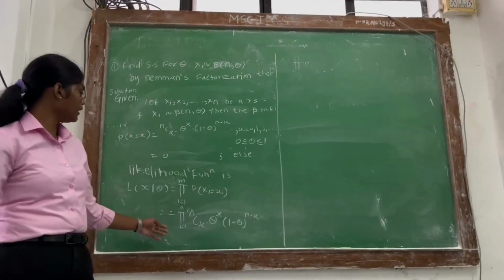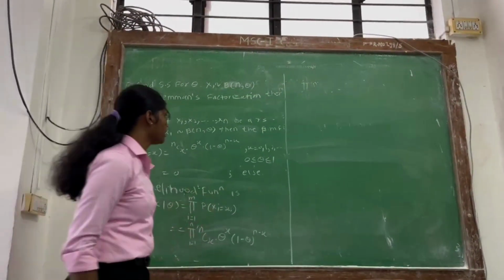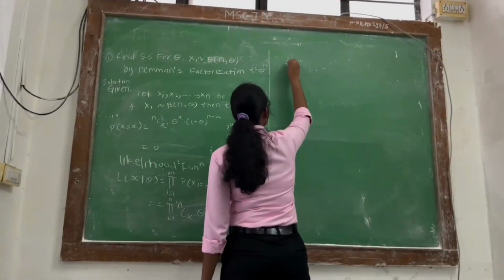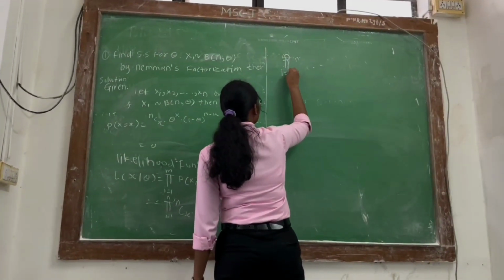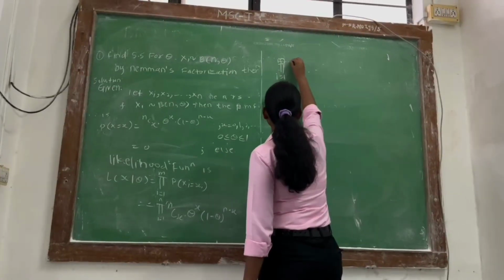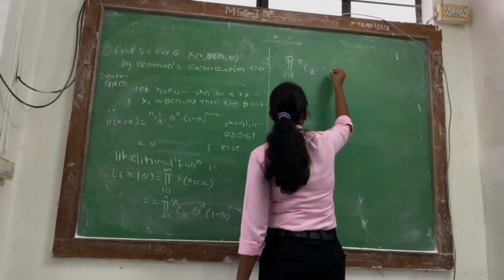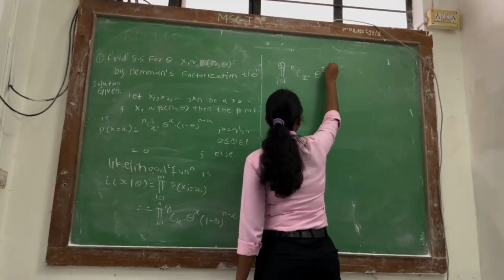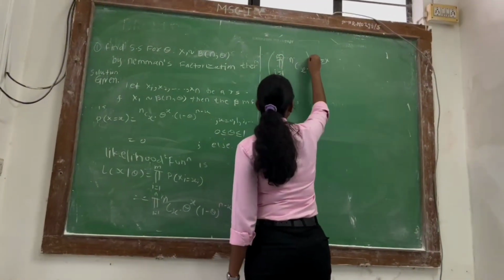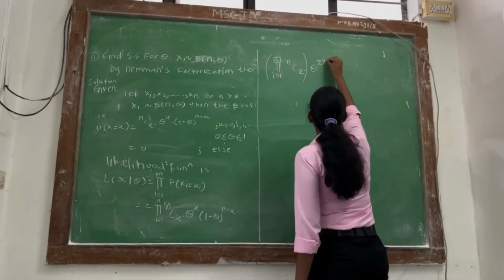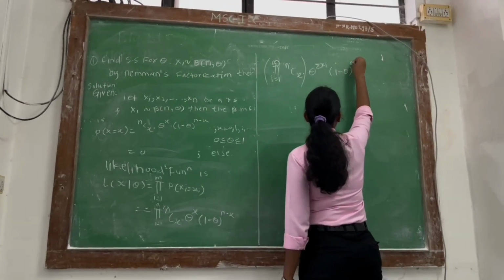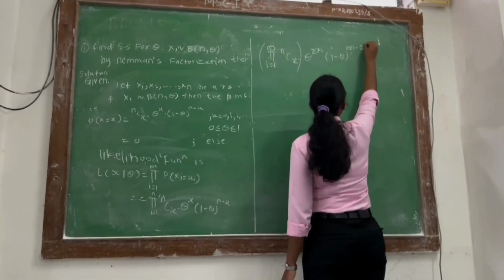Now we are going to apply the product on the PMF. It will become product of nCxi into theta raised to summation xi and 1 minus theta raised to n minus summation xi.